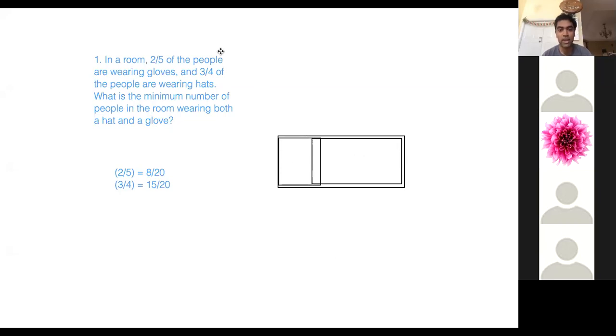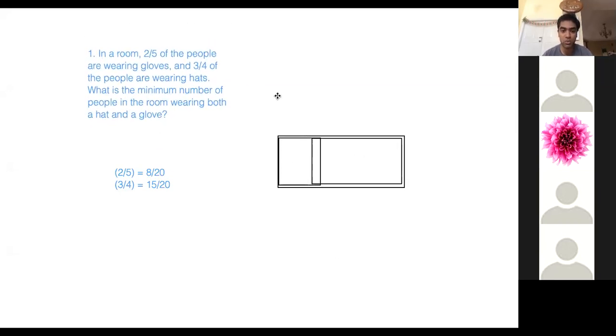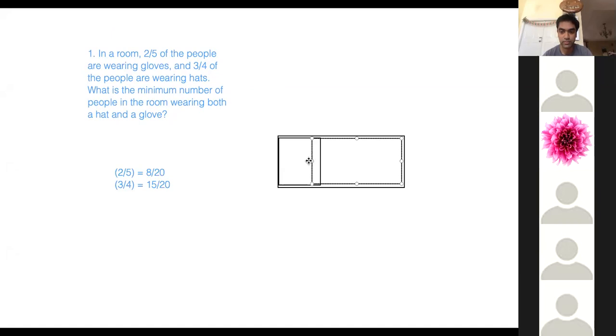So let's think about that. What would be the case where there would need to be no overlap? What would be true about the two fractions? Could you repeat your question, please? Sure. So one of these rectangles inside the whole thing is the people wearing gloves.